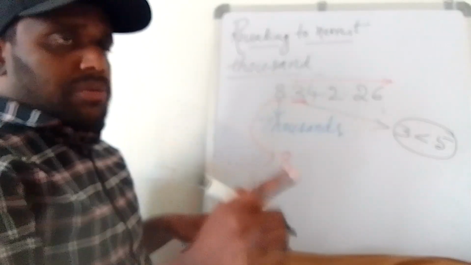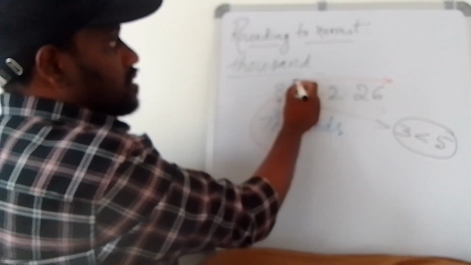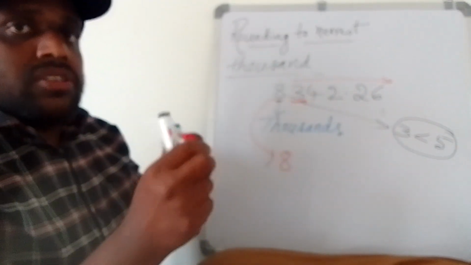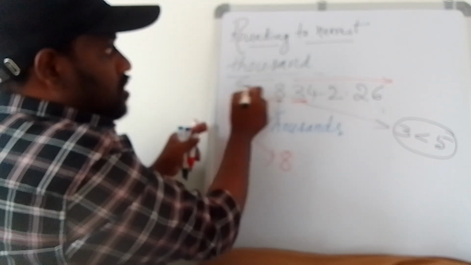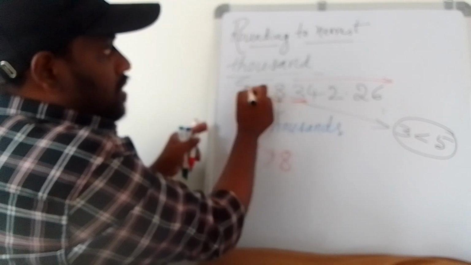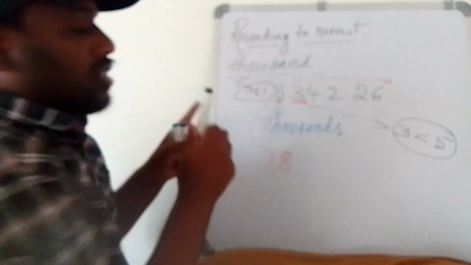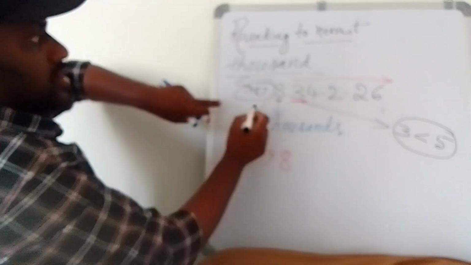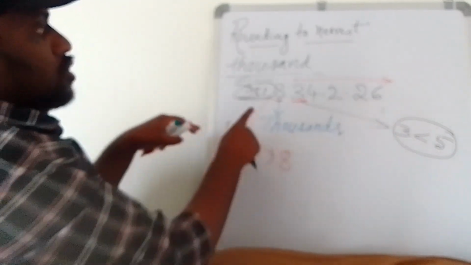Remaining digits, you remember, are only those after this digit in this direction. If there are some digits before this 8, like 7 8 something like that, then you should not make these digits zeros.